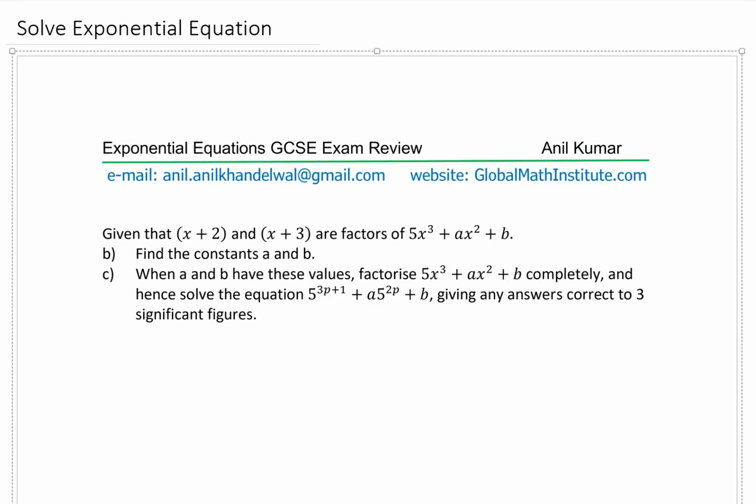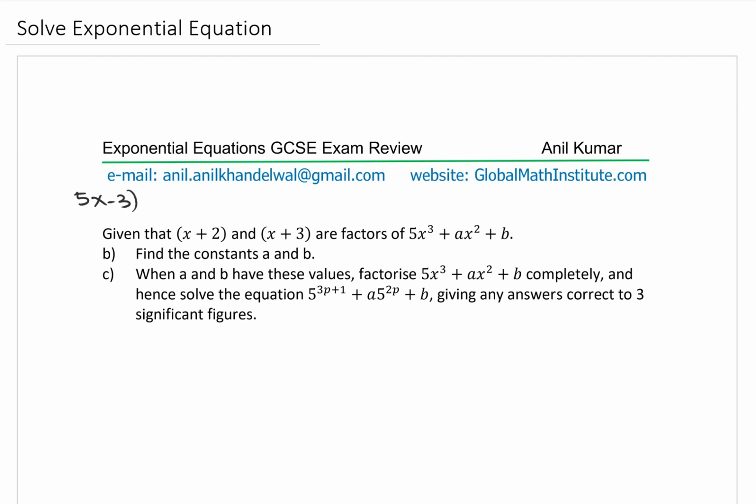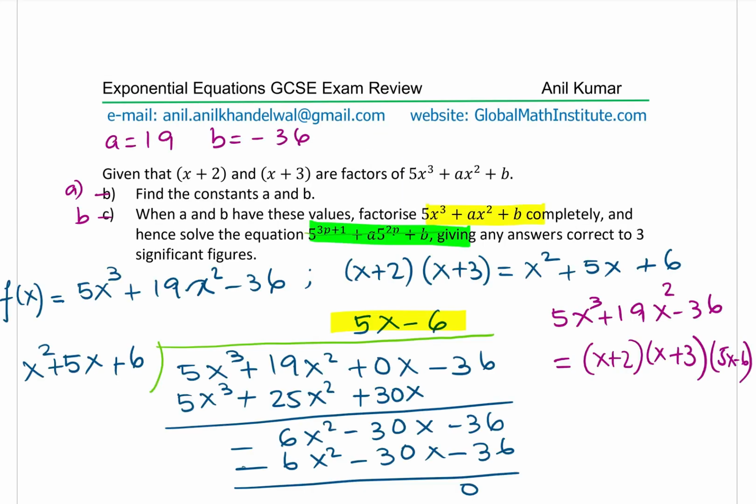So we will write the factors, which is 5x minus 6 is the third factor. The first two being x plus 2 and x plus 3 given to us, right? And that is equal to the cubic equation, which was 5x cubed plus, let's see what it was.